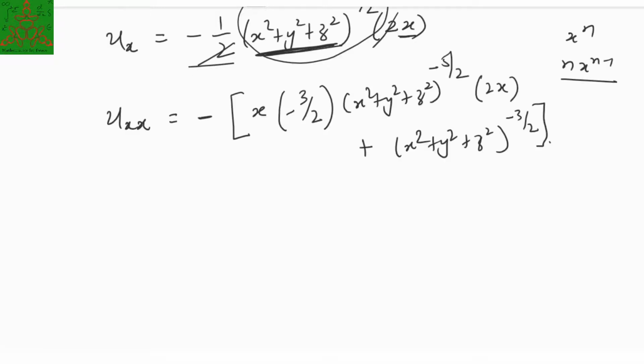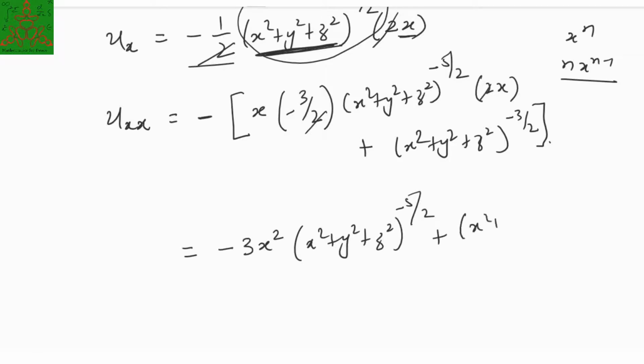Now you just observe that this 2 is cancelled out. So finally what we'll have is minus 3x square (x square plus y square plus z square) raised to minus 5 by 2 plus (x square plus y square plus z square) raised to minus 3 by 2. So that is uxx you will have.